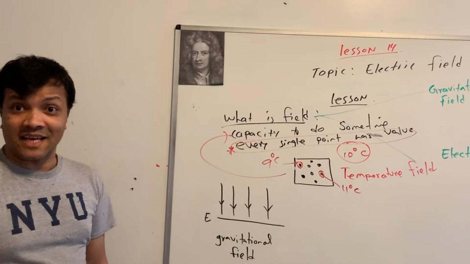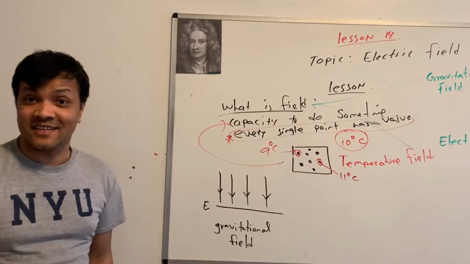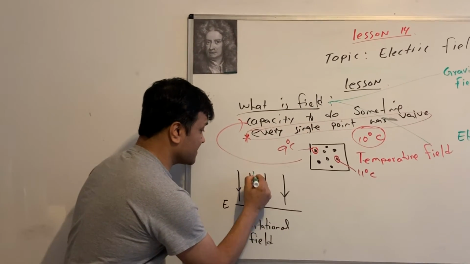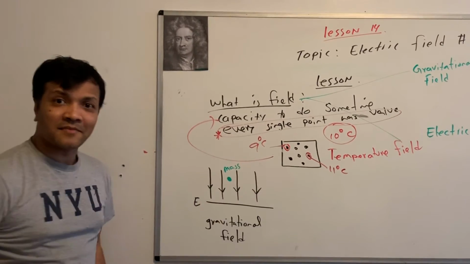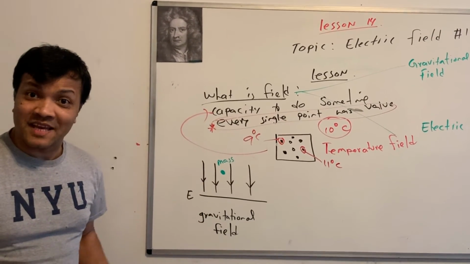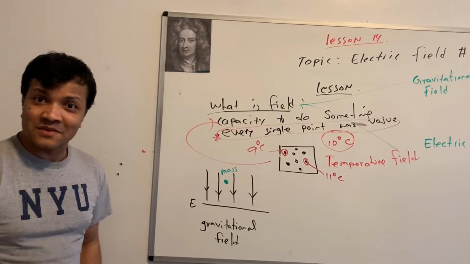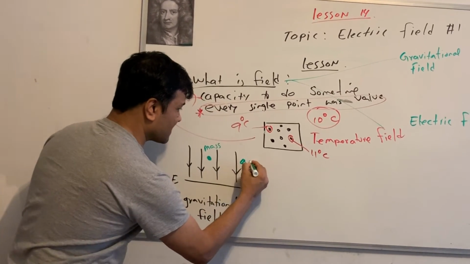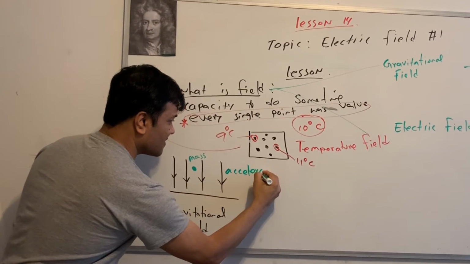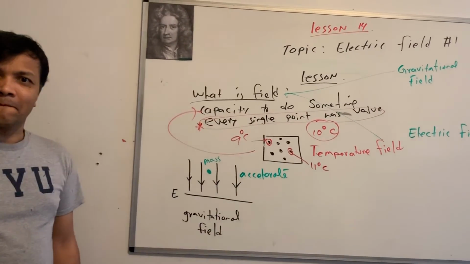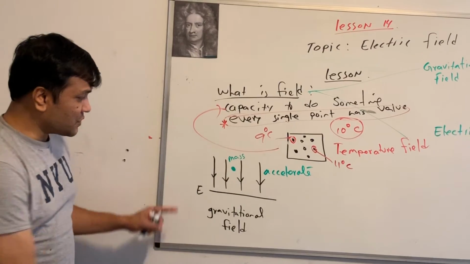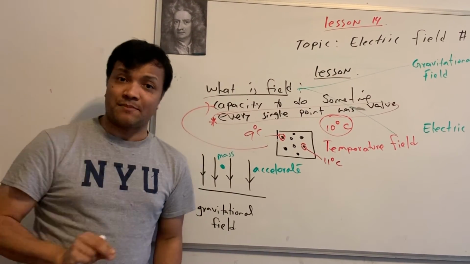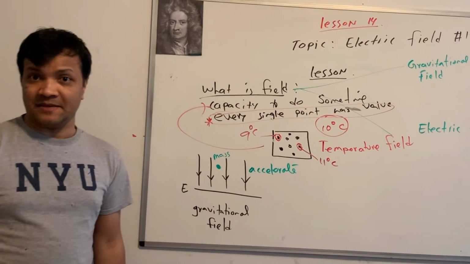You need to place something that it interacts with, and that is mass. If you put mass in the gravitational field, what will the mass do? The mass will accelerate. So the gravitational field has a capacity to do something, but you have to place something to observe this capacity.